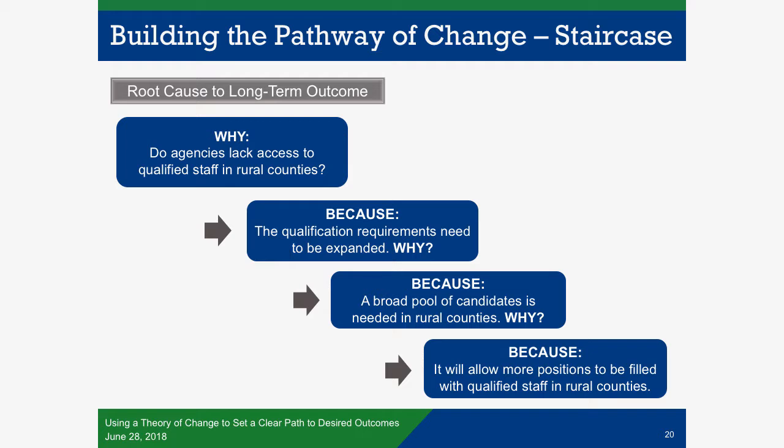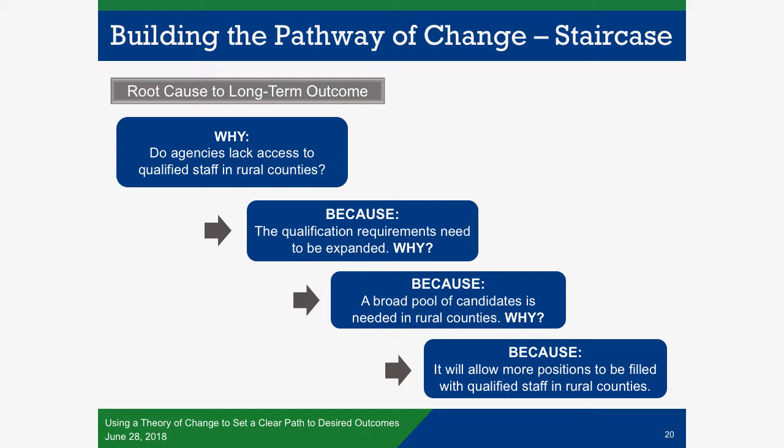We answer this question with our research and information to say that this is because the qualification requirements need to be expanded. We can take this statement and transition it into a causal link.